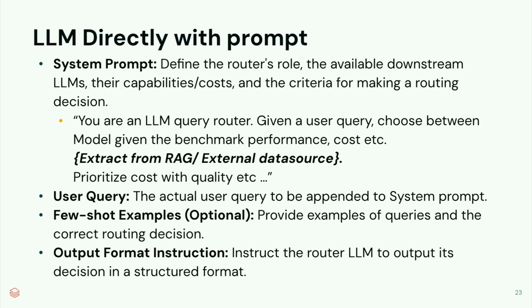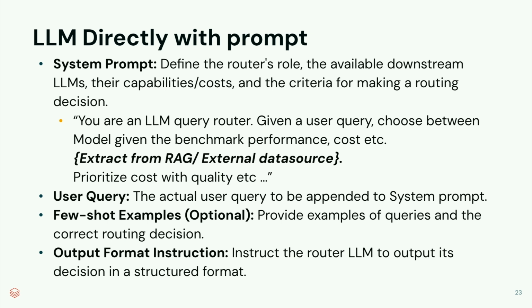Here, all the information related to LLMs, for example, the benchmark performance, the input and output API cost, and other things, as well as the specialty of those LLM providers, you put in a database. Then, given a standard prompt saying this is the information extracted from the RAG or your external databases, you append the user query to that prompt.